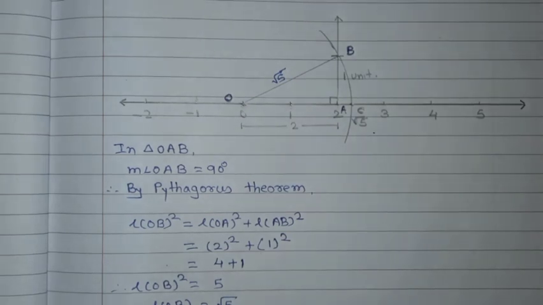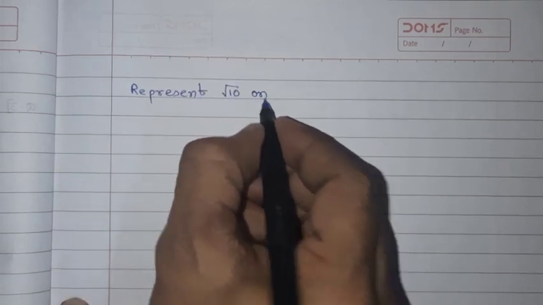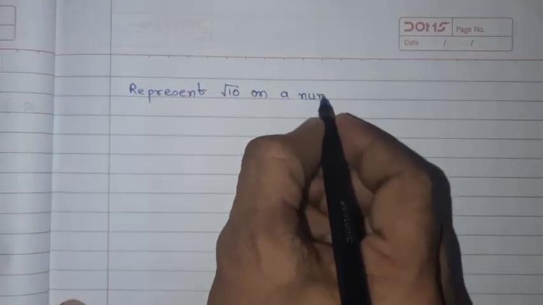Now we have to start with root 10. Now we have to represent root 10 on a number line. Therefore we have to write here: represent root 10 on a number line.